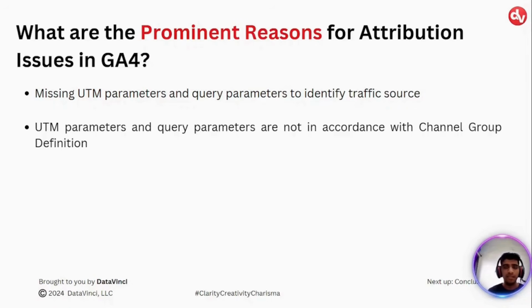For instance, if you have defined paid search as: if the source contains Google, or if the medium contains PPC, then only consider it as paid search. But the parameters may be passed as something like a paid click, and they might not be recognized as paid search, and so on.